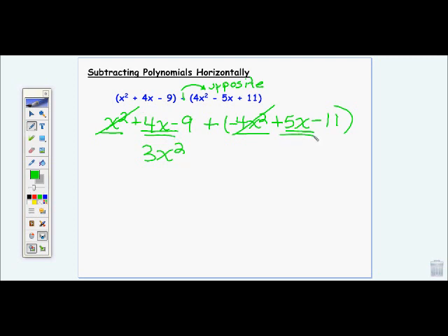And I have a +5x. 9x. Got rid of my x terms. And I have a -9 and I have a -11. Combine those and I get a -20. And I have used all the terms in both of the expressions. So that is how I would represent that expression. And that finishes 12.2.